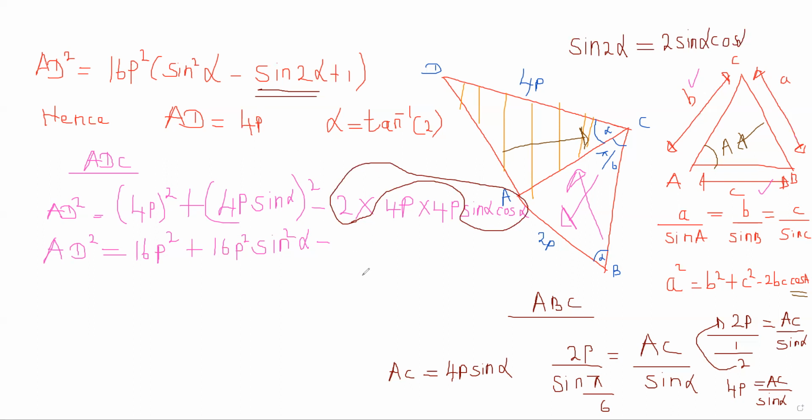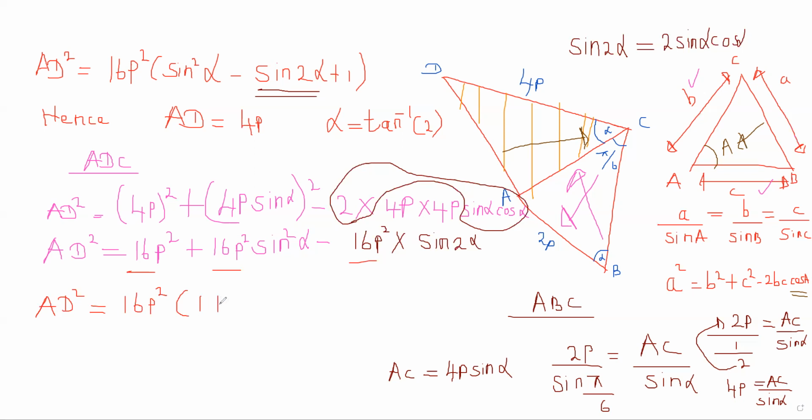Otherwise, if you go simplifying in your own way, you can never approach the answer. Therefore, this 4 into 4 is 16p squared, 2 sine alpha cos alpha, substitute here sine 2 alpha. Right. 16p squared is common, we can take it common. Therefore, we can write it down here: AD squared is equivalent to 16p squared.